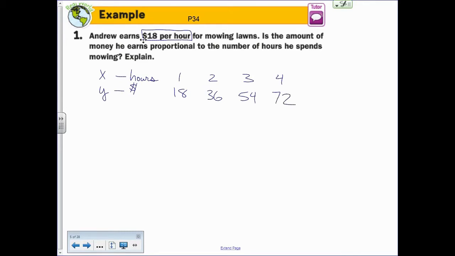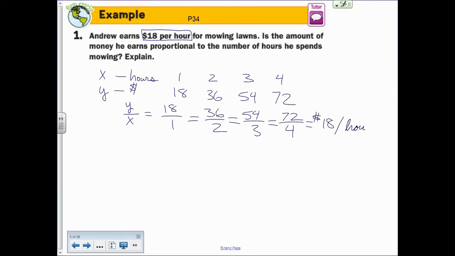And so we can see that if I take Y and divide it by X, 18 divided by 1, 36 divided by 2, 54 divided by 3, and 72 divided by 4, those are all equal to $18 per hour. So yes, this is a proportional relationship.